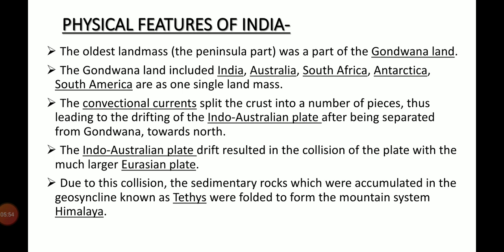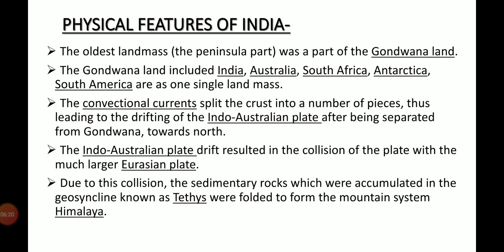The convectional current split or broke the crust into a number of pieces, thus leading to the drifting of the Indo-Australian plate after being separated from Gondwana and moving towards the north. Here, convectional current means a current or a flow that is generated in the mantle of magma.